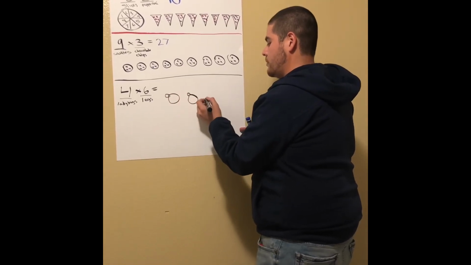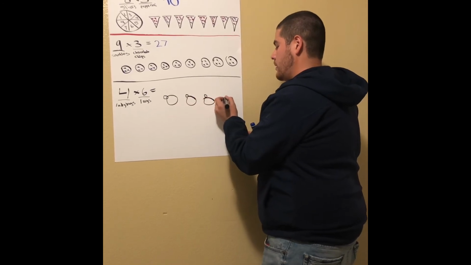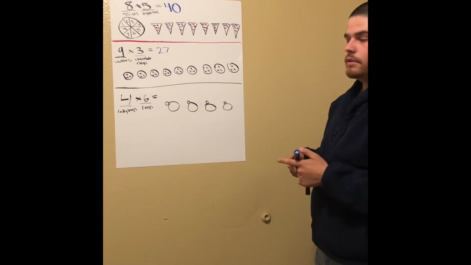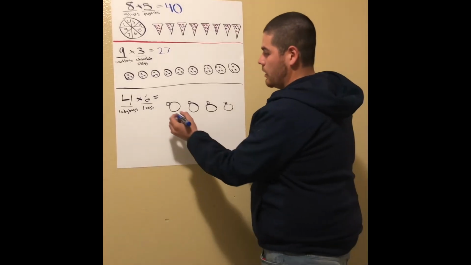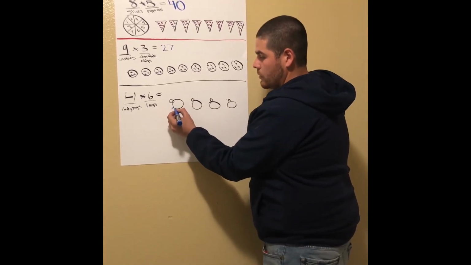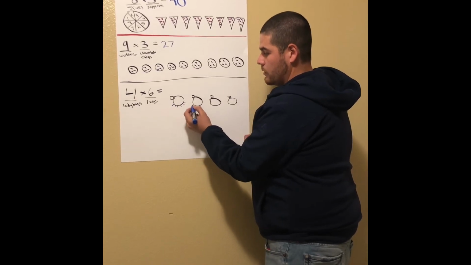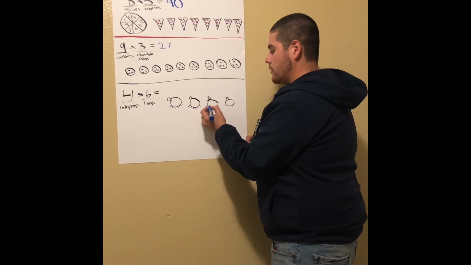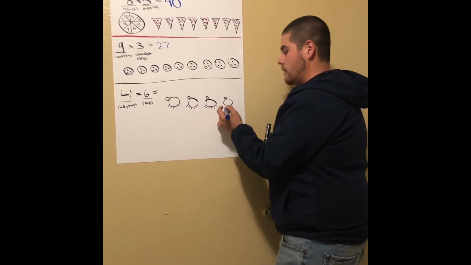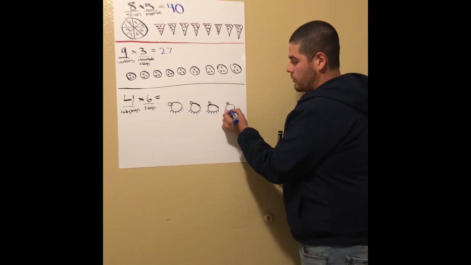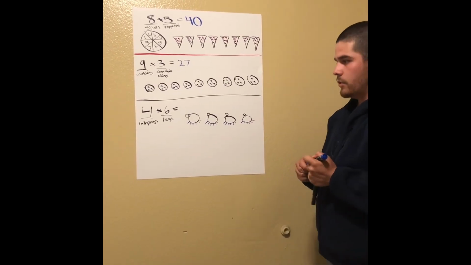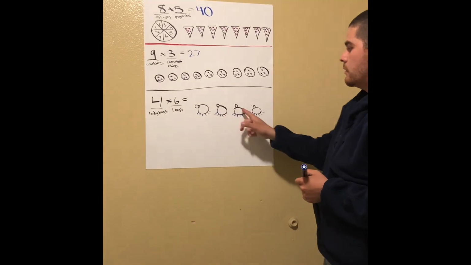1, 2, 3, 4. And each ladybug is going to have 1, 2, 3, 4, 5, 6 legs. Right? Would you guys agree? 4 ladybugs.